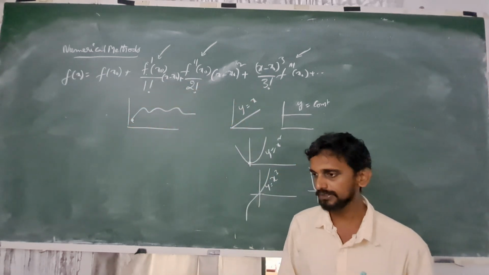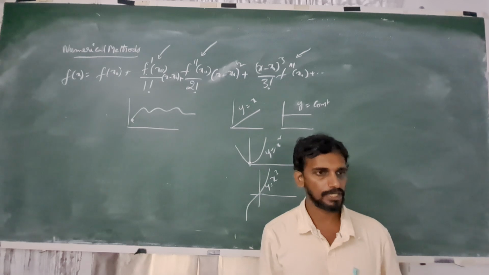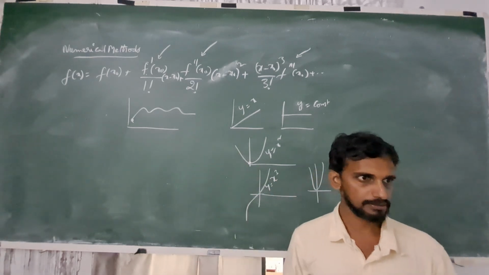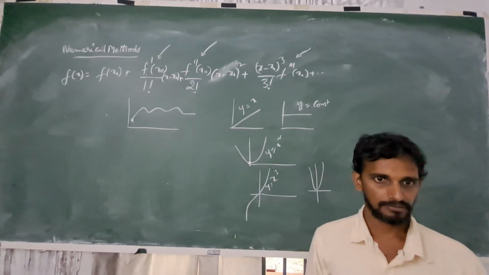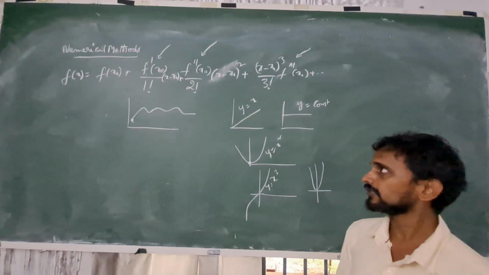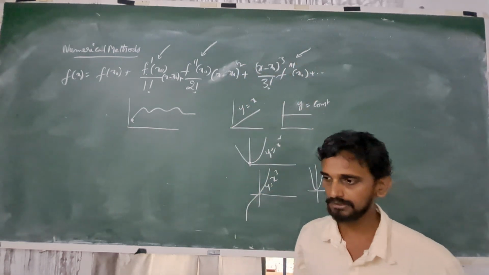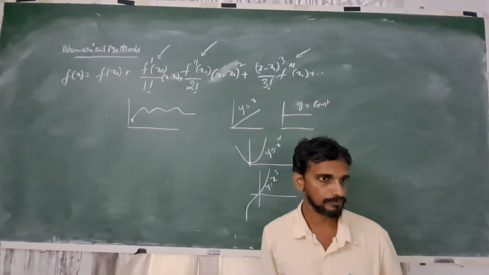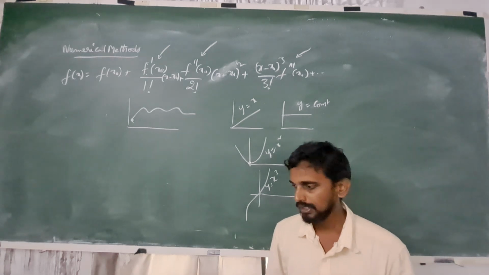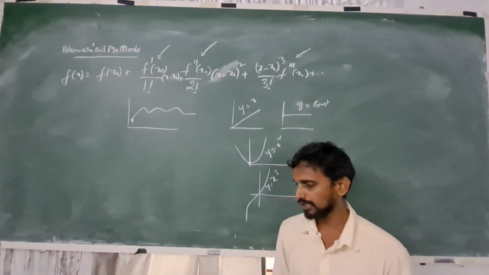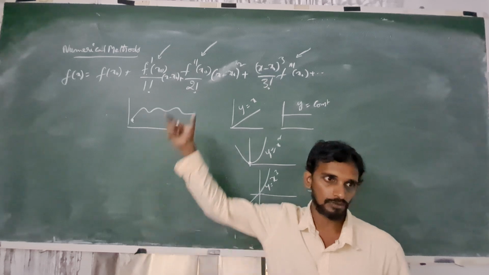So then what happens? Whatever function, even e power x can be expanded as a Taylor series. So all you need to know is only the derivatives or the type of the function at a particular point. Then you can apply all your mathematical operations over this.